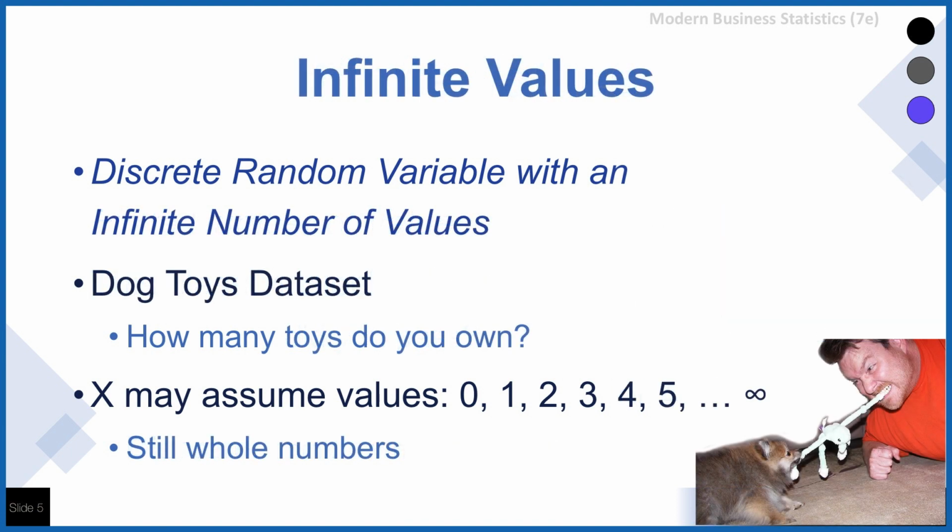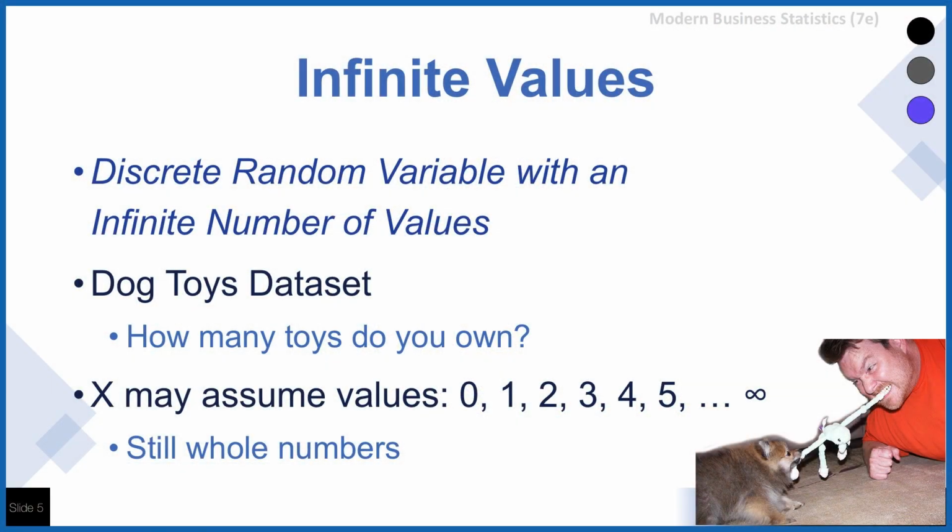A discrete random variable with an infinite number of values could be something like our dog toys data set. So remember, one of the questions that was asked was, how many toys do you own? It's still going to be whole numbers. However, the values could be 0, 1, 2, 3, 4, 5, but there's no upper bound.